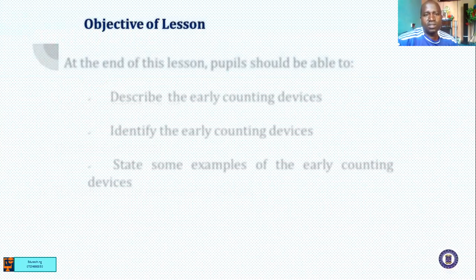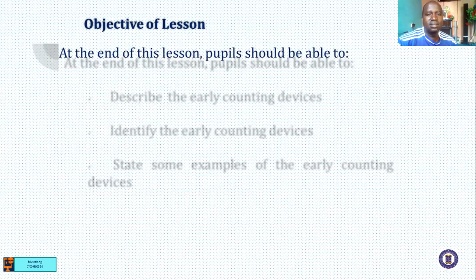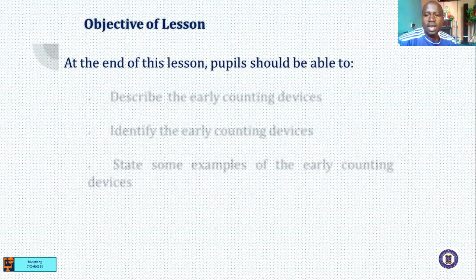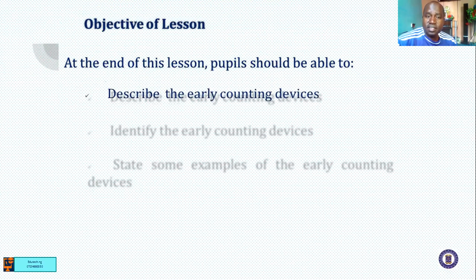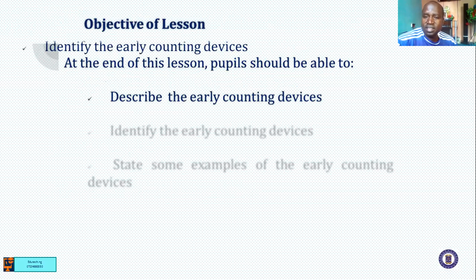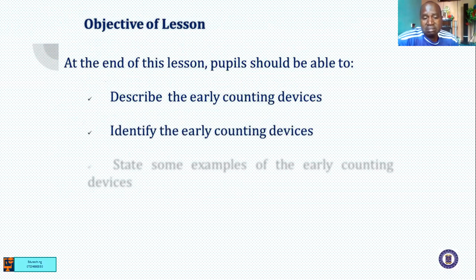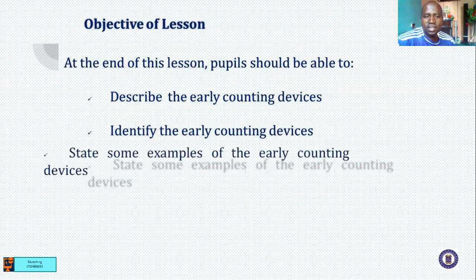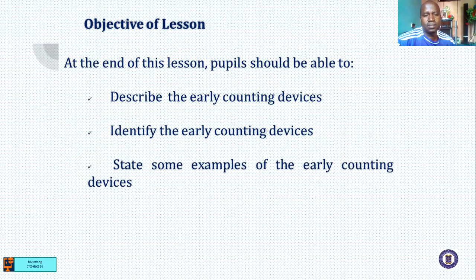The objectives of this lesson are that at the end of the lesson, pupils should be able to describe the early counting devices, identify the early counting devices, and state some examples of the early counting devices.